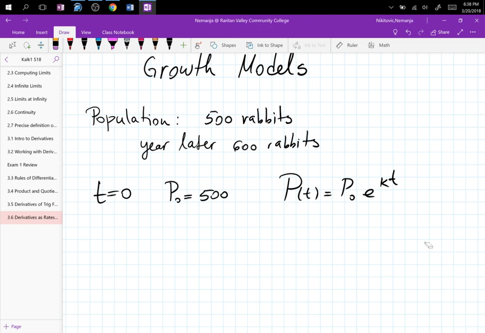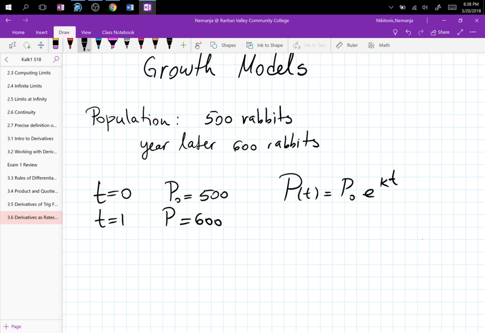And that's very simple to, as you can see, calculate. So where do I start? I have now, after a year, the population of rabbits is 600. So I have 2 points in time.